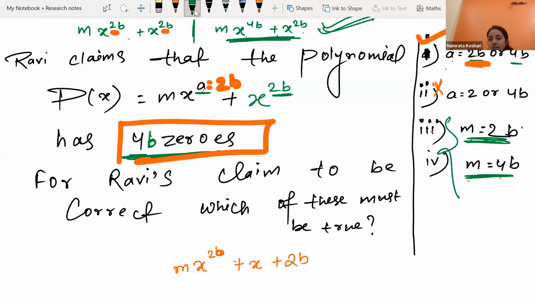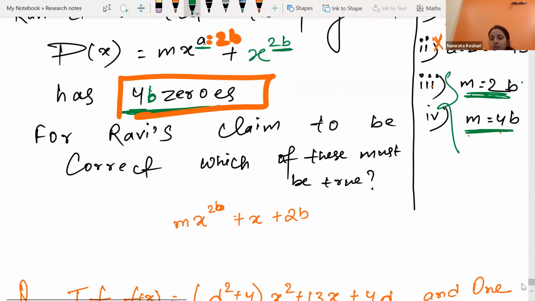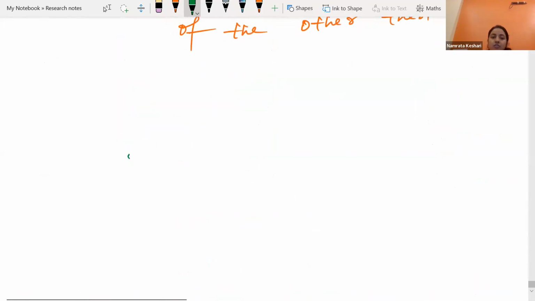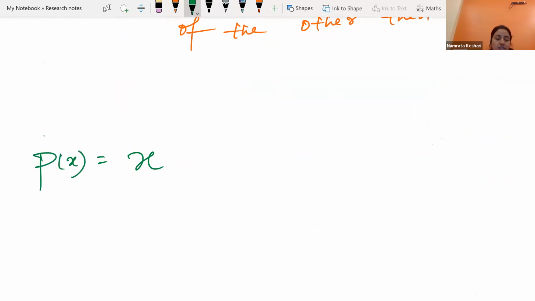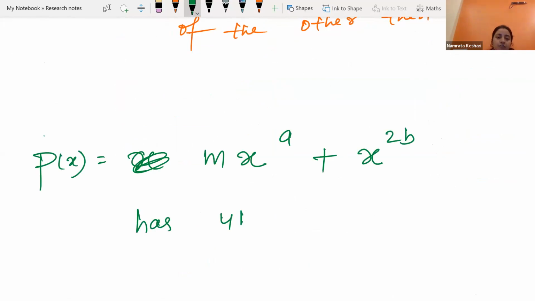Ravi claimed that, I am writing the polynomial over here, just a second, let me write the polynomial. Ravi has given the polynomial px is equals to mx to the power a plus x to the power 2b, and it has 4b zeros.